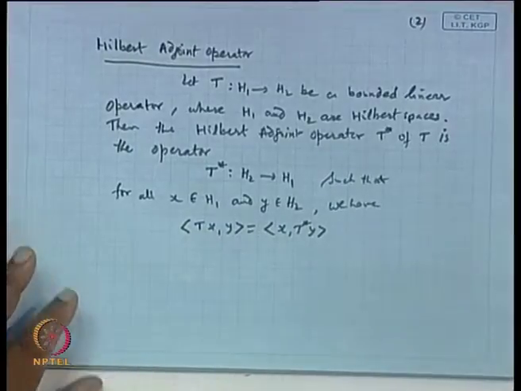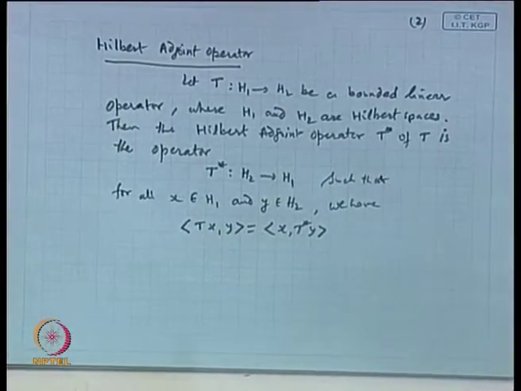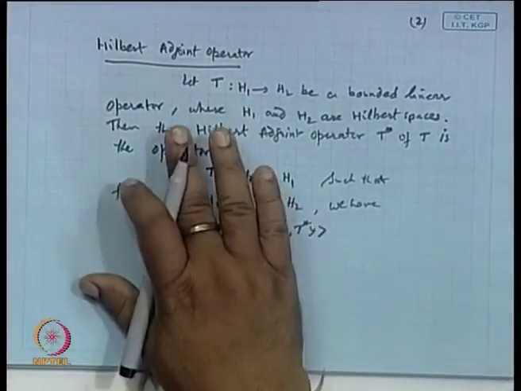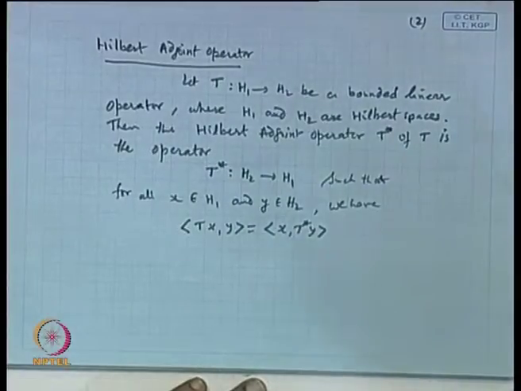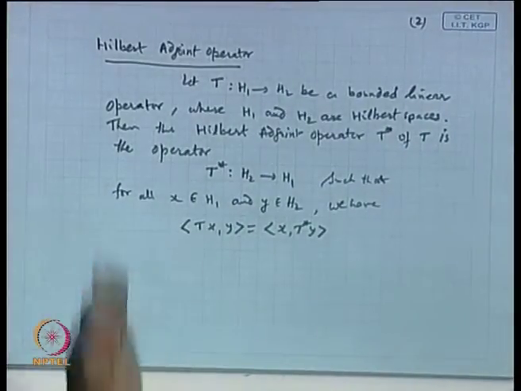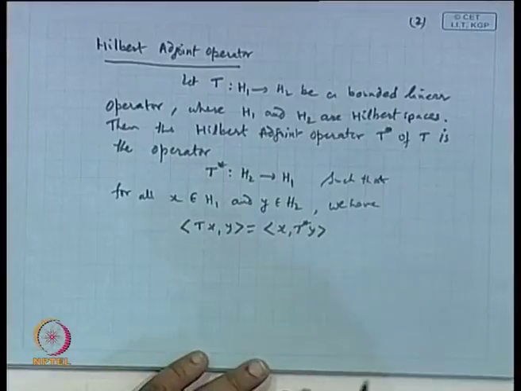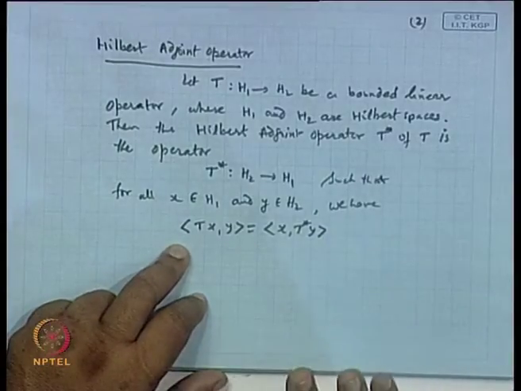What is the Hilbert adjoint operator? It is basically the conjugate type of operator. If T is an operator from H1 to H2, then an operator from H2 to H1 will be called a Hilbert adjoint operator, provided these two inner products are identical.